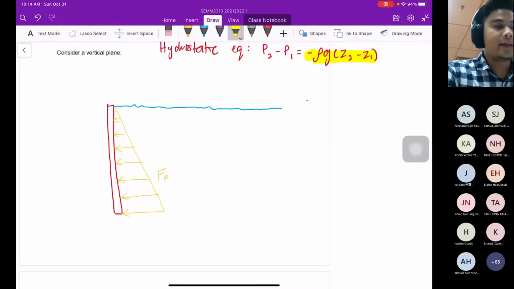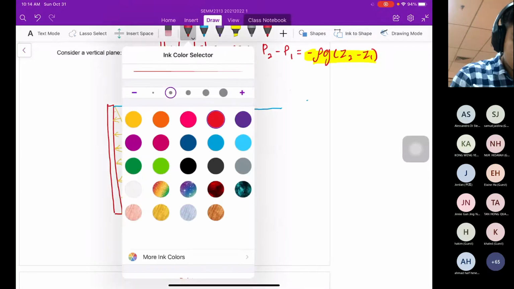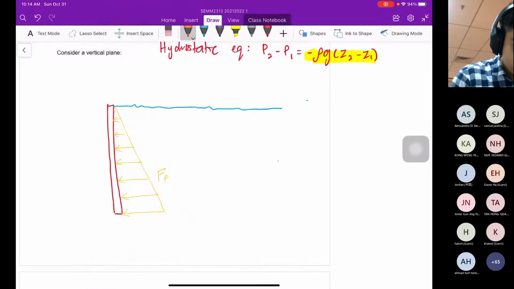Definitely we are going to find the resultant force. So how do we locate the resultant force? The resultant force is basically at this location.